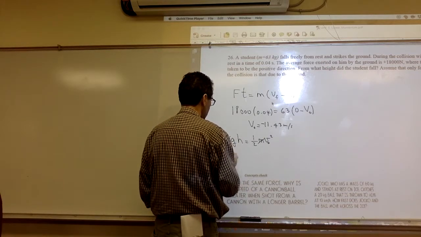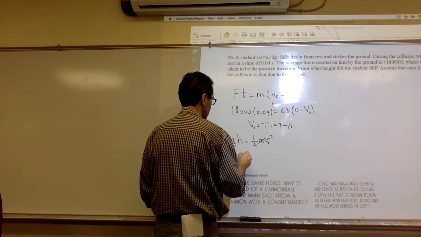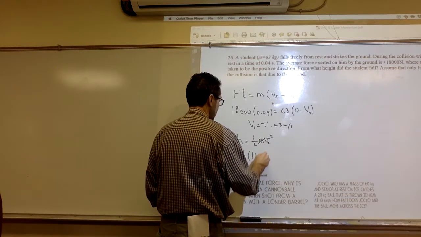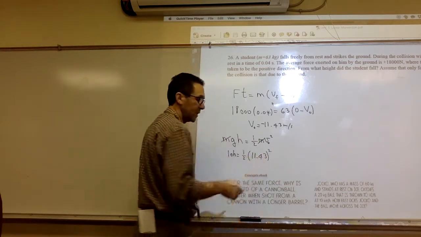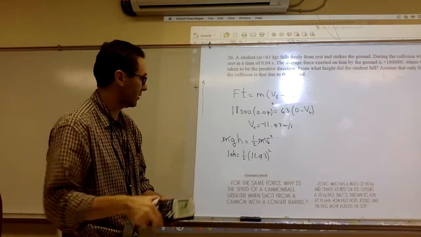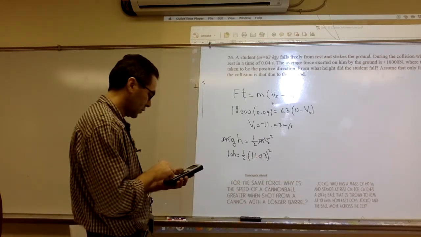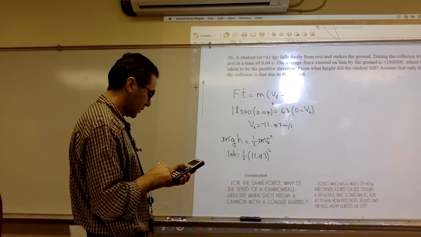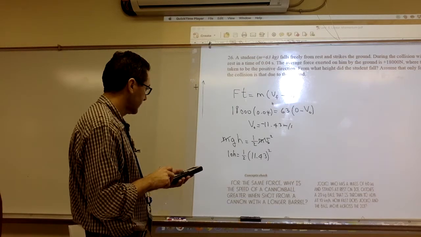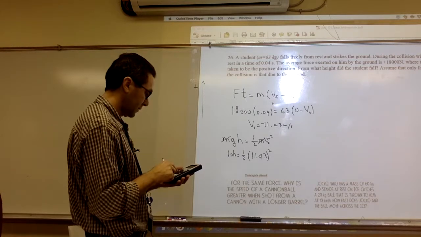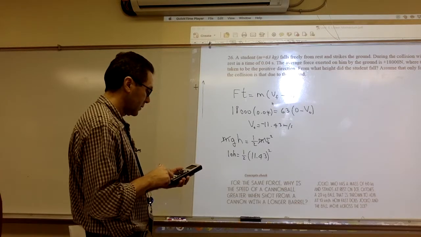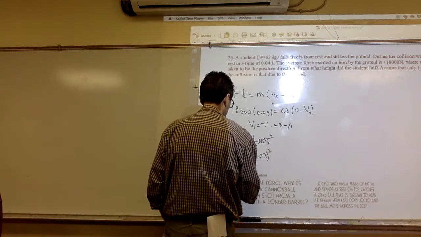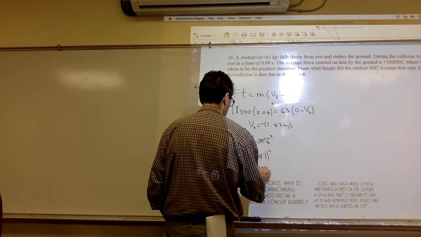So this is going to be 10h equals 1/2 times that number squared. I'm going to leave all the digits in the calculator and square that, then divide by 10. So it looks like the height is 6.53 meters.